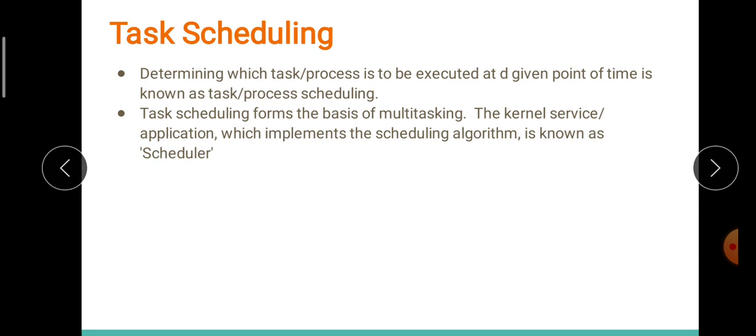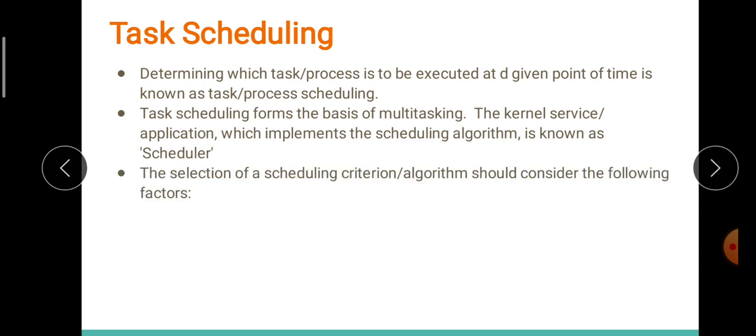So while we are scheduling the task for execution, we must be aware of the states in which the task is switching, which are the ready state, the running, the blocked, the completed state. So we have different states of execution, right? So the scheduler must have an idea of these states, along with which the scheduler must also consider the following factors, which are the CPU utilization.